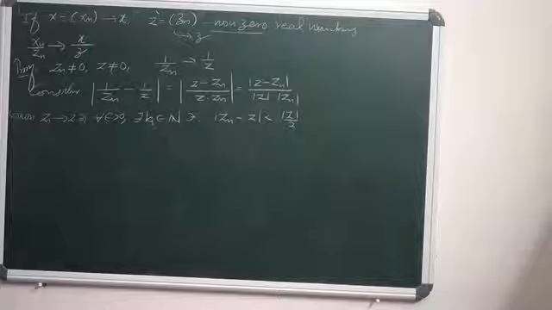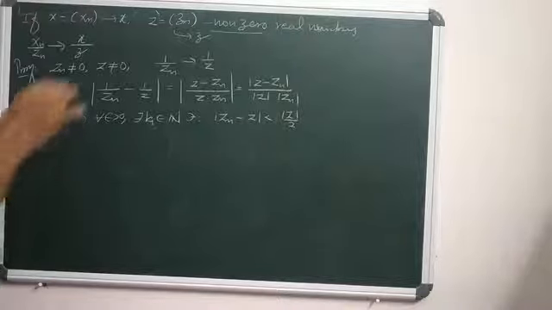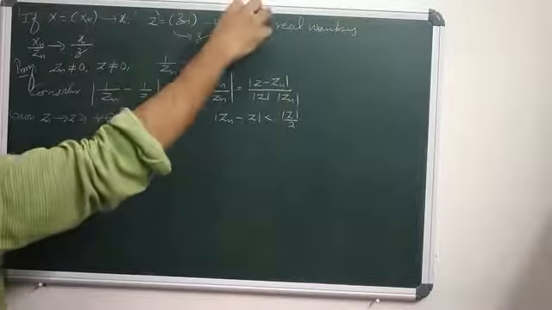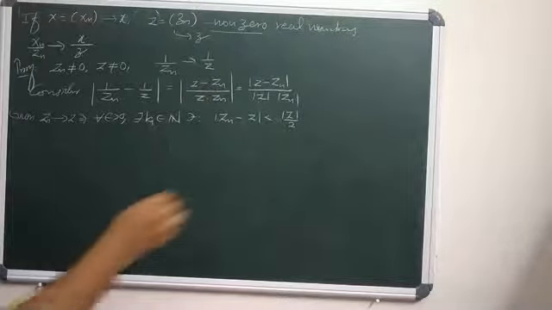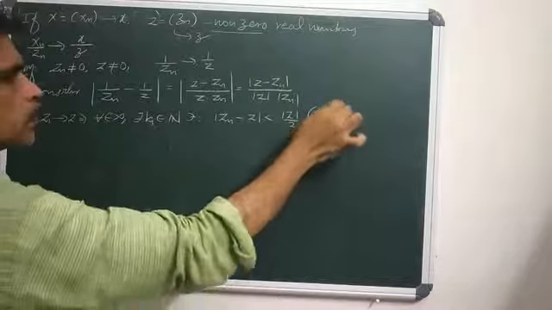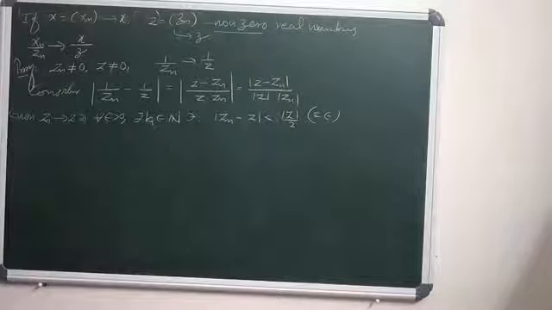Why? Z differs from 0, so mod z is a positive quantity. Mod z by 2 is taken as the epsilon.